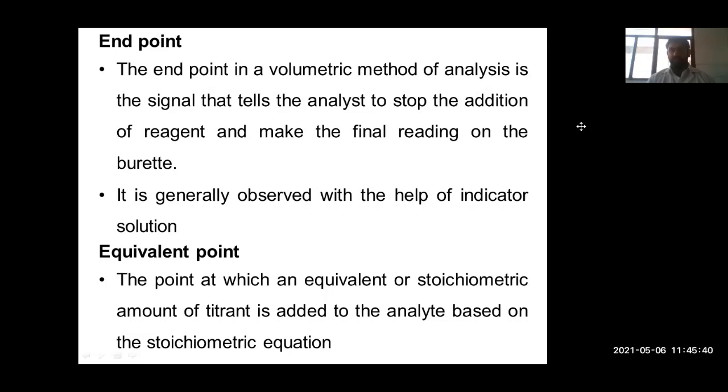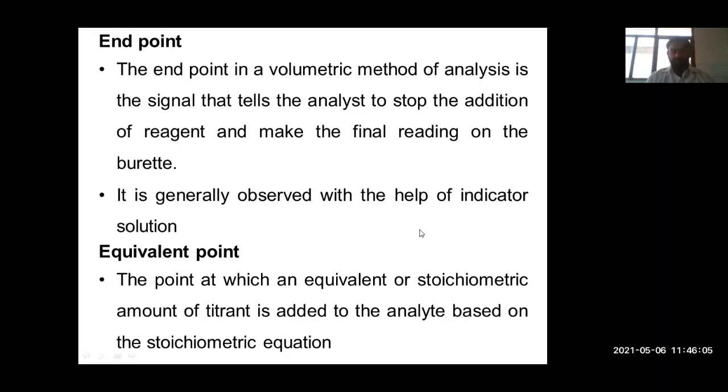Examples are acid-base indicators like phenolphthalein, redox indicators like KMnO4, and complexometric indicators like Eriochrome Black T or Solochrome Black T, and there are other indicators. They work on the principle that they show color change under different conditions.